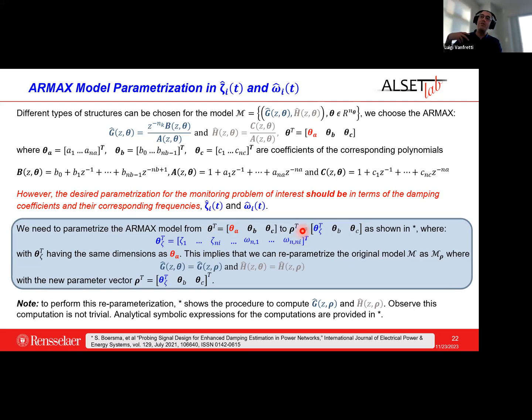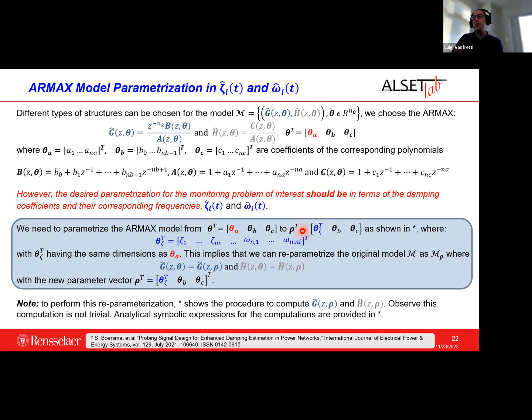And what that allows us is to avoid doing the transformation, but also it gives us a direct relationship between the damping and frequency. We treat damping and frequency as parameters that need to be estimated directly from the model structure.